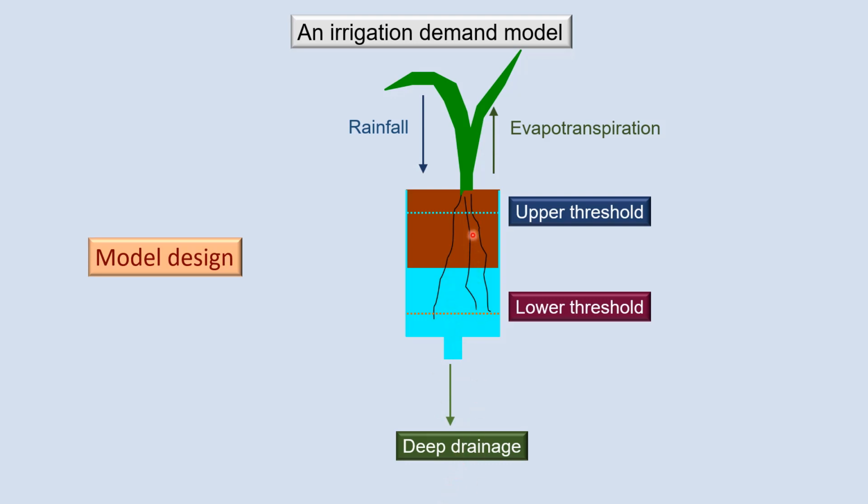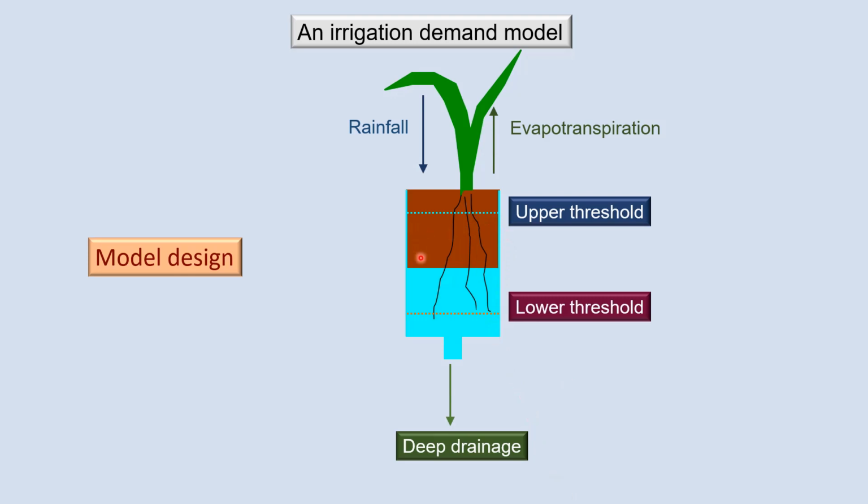The more water is in the store, the more easily can water evapotranspire from the store. And another nonlinear function relates evapotranspiration rate to water content in the soil and, of course, evaporation demand. And then there are two thresholds built into this model.